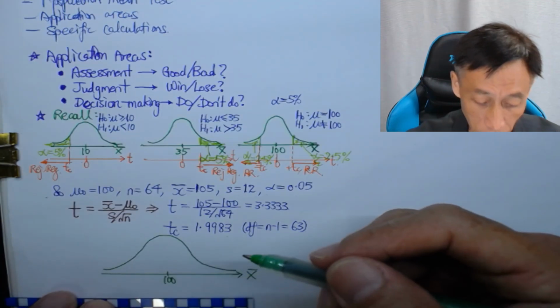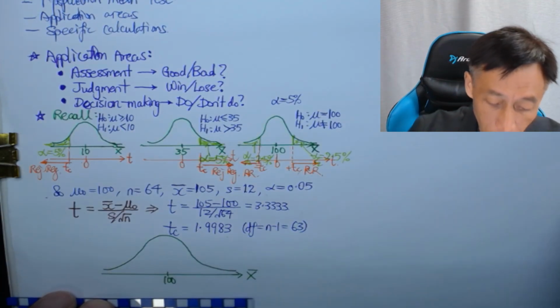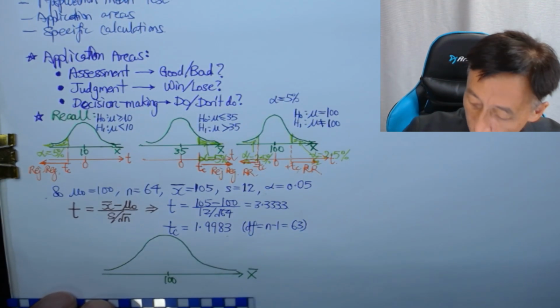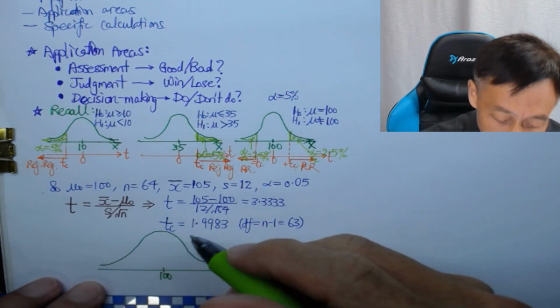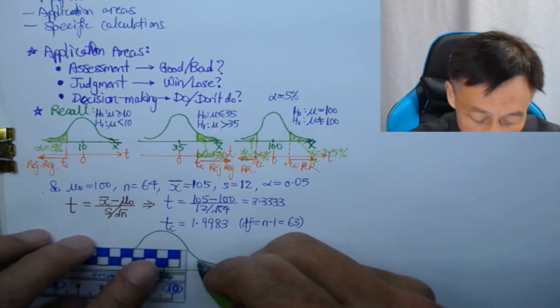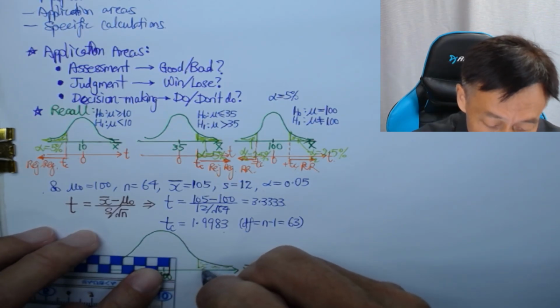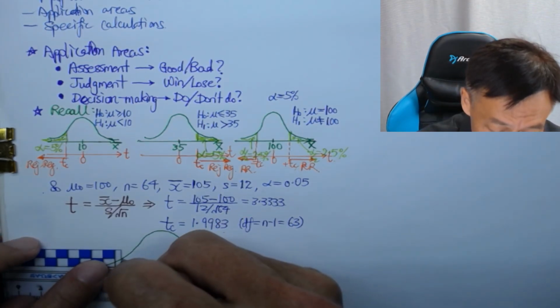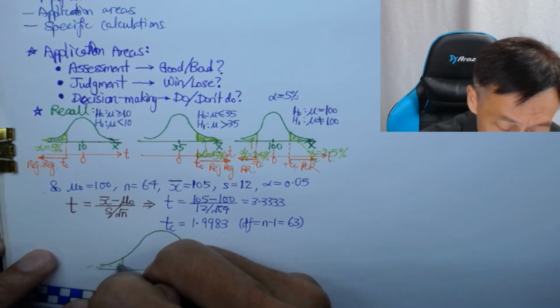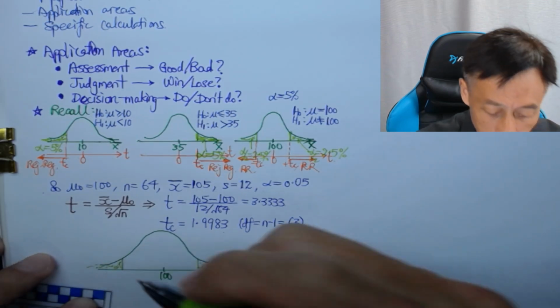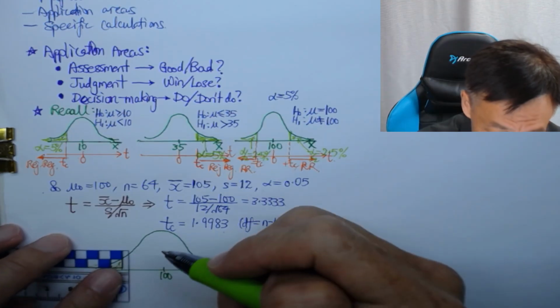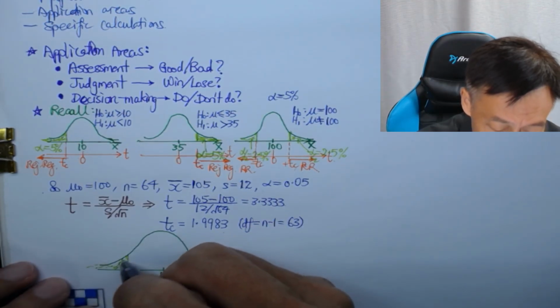So be very careful, right? What we want to draw, however, is the alpha. Half alpha, right? Half alpha. Okay. And, oops, it's not looking very symmetrical.